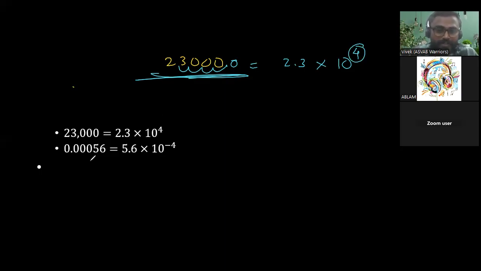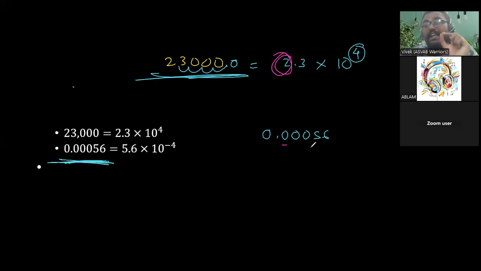Now, let's say the number was less than 1, so 0.00056. In the standard form, there should be only one natural number to the left hand side of the decimal. So this 5 should come to the left hand side.